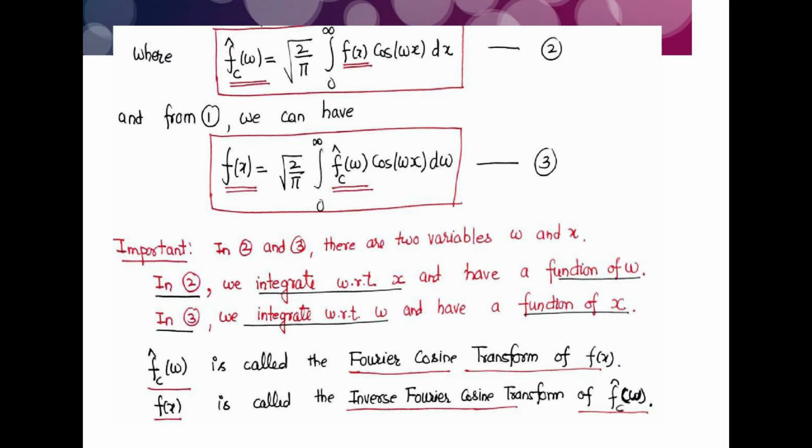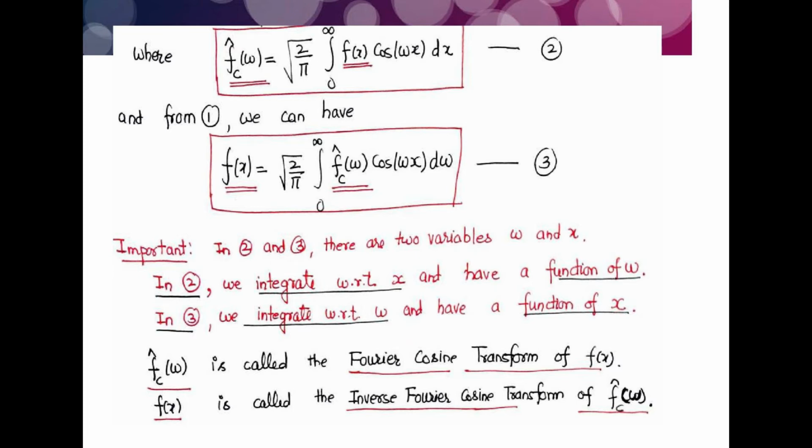Now, very important here: in 2 and 3 there are two variables, one is w and the second one is x. While finding the Fourier cosine transform, we are integrating the given function f of x multiplied by cos of wx with respect to x, putting the limits 0 to infinity, and after integration we have a function of w.